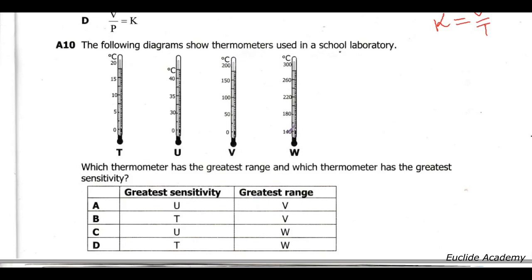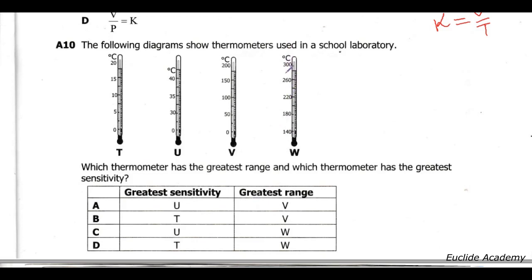Is it 0 to 200? V, I think that will make sense, because 0 to 200, this starts from 140 to 330. When we subtract, we get something like a 160. So V should have the greatest range.